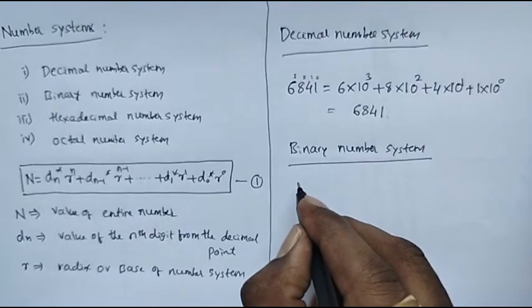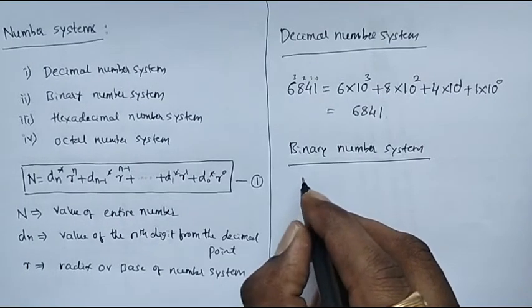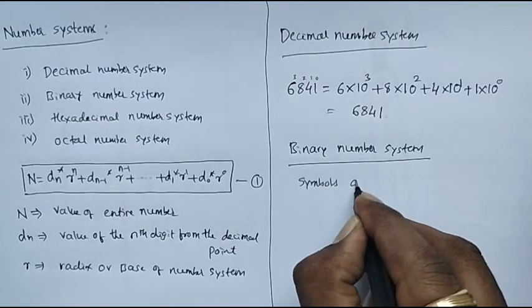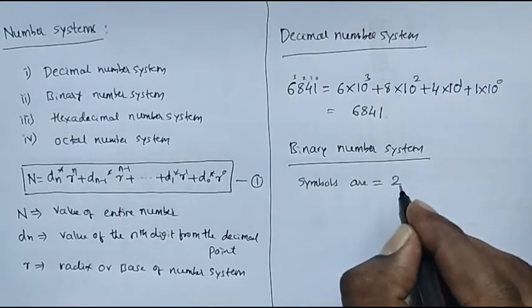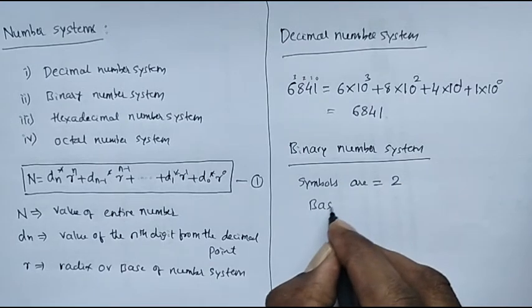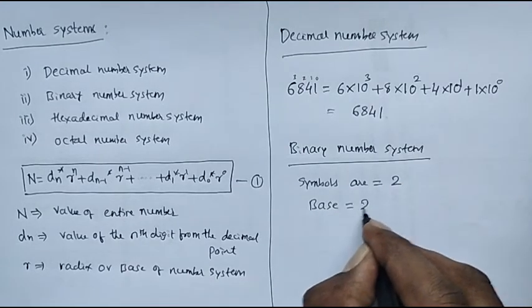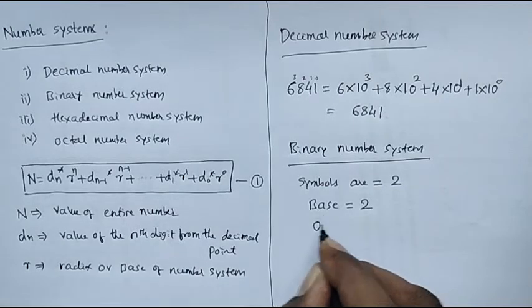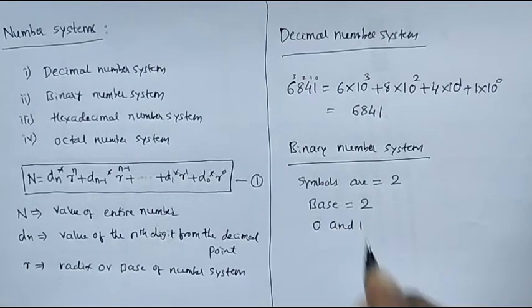Now let us see binary number system. In binary number system, the number of symbols are 2. Thus, base of binary number system is 2. The numbers that exist in binary number system are 0 and 1.